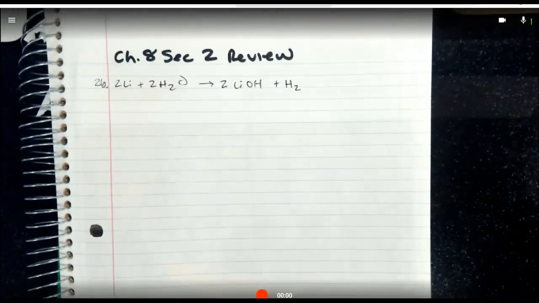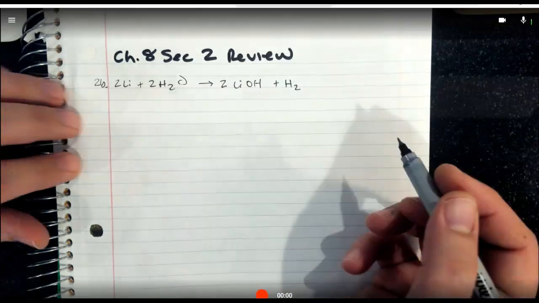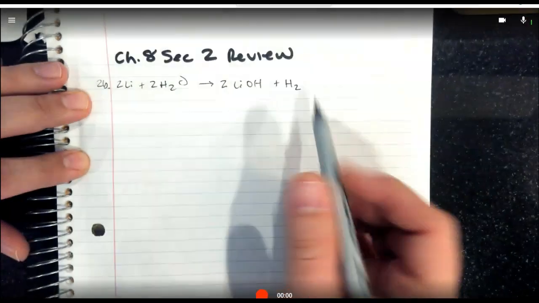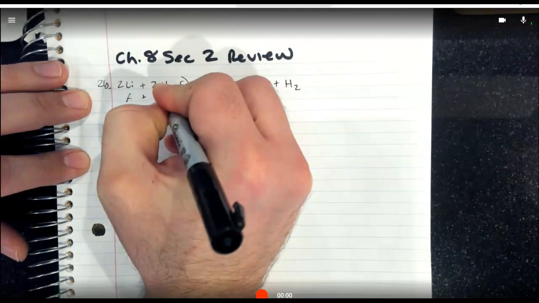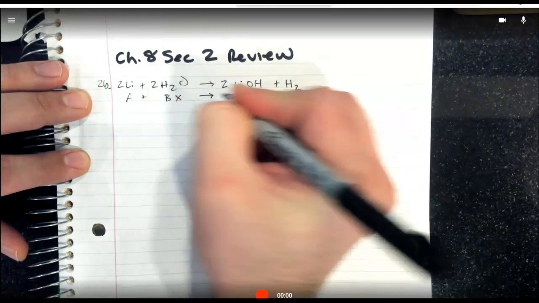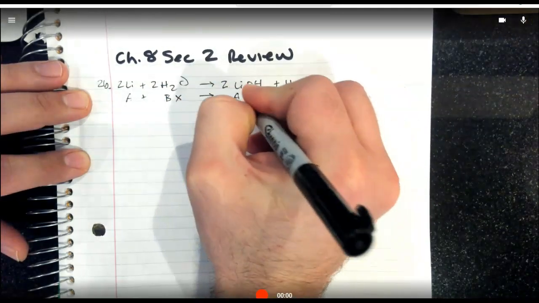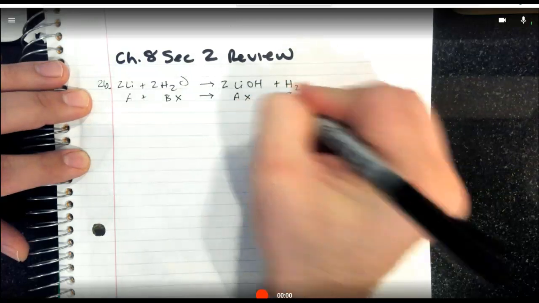So the problem is asking us to classify each of the following reactions. If we take a look at what our reaction is here, we have A plus BX giving us AX plus B.